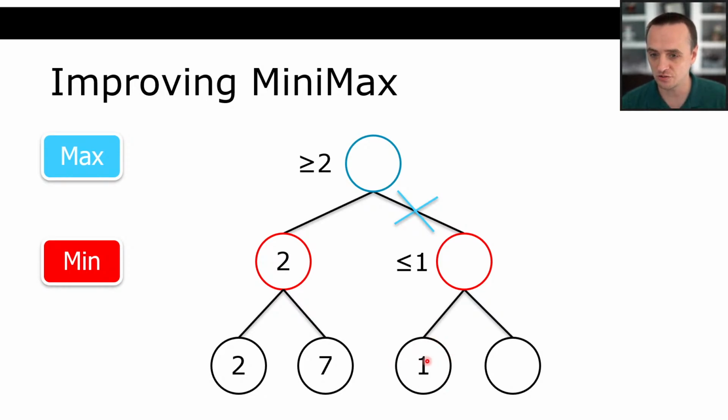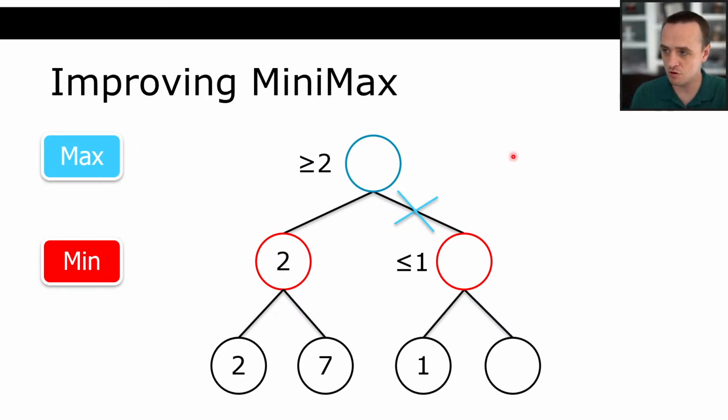So if they're going to choose this, then this is going to be less than or equal to 1. So it's not going to be chosen over this one. So I can just say, hey, stop all computation after this node, for this particular node, right? I don't need to look at anything else because if it's a -5, it doesn't matter, because this has to be bigger than 2 for it to matter for this computation.